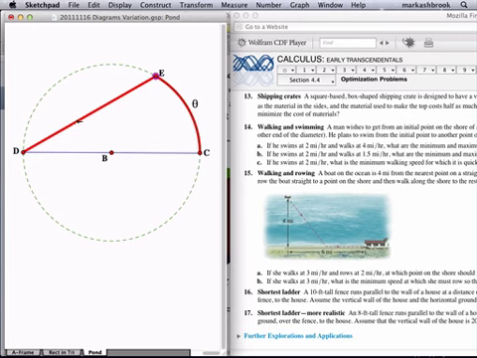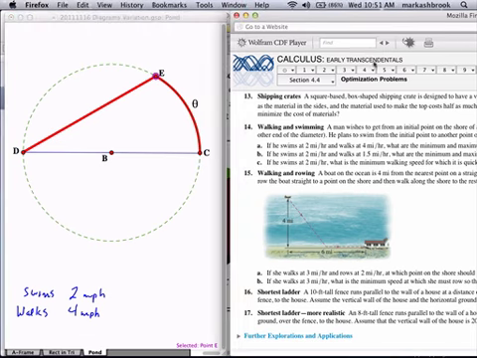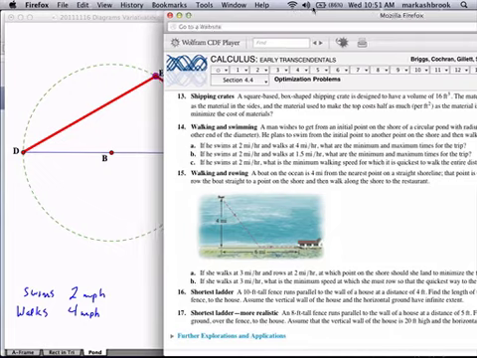And he swims 2 miles per hour, walks 4. So what are the minimum and maximum times for the trip?